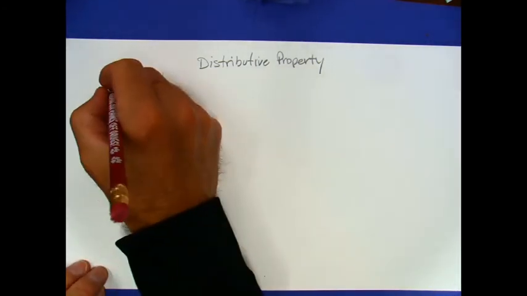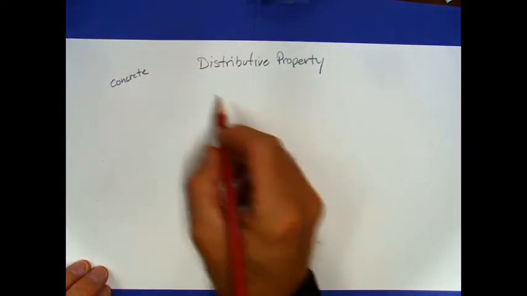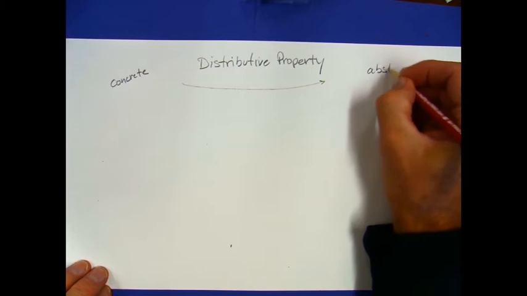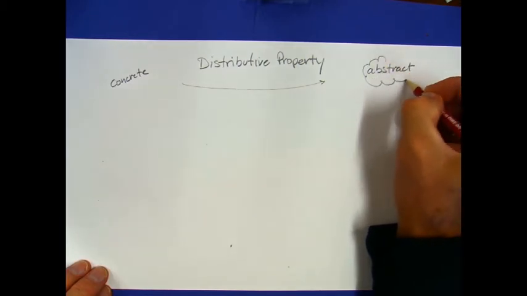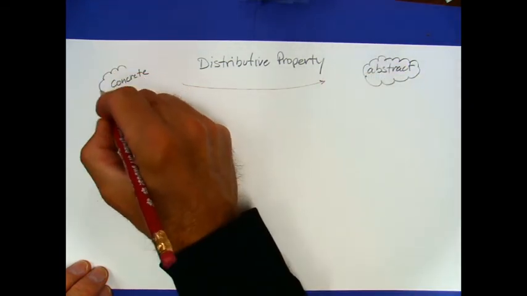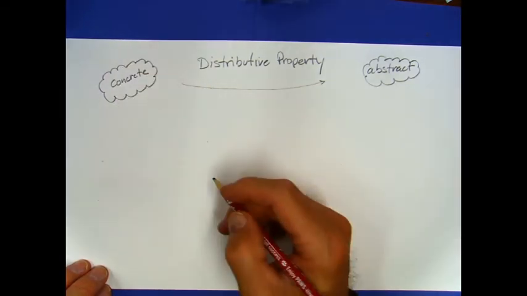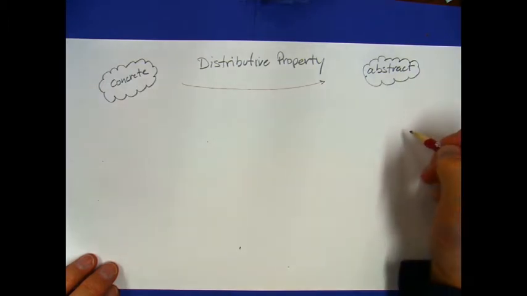Again, we're going to go from a concrete example over to abstract. So I'm going to use an example over here in concrete that you'll be able to easily see, and then over here we're just going to use our minds to imagine it.